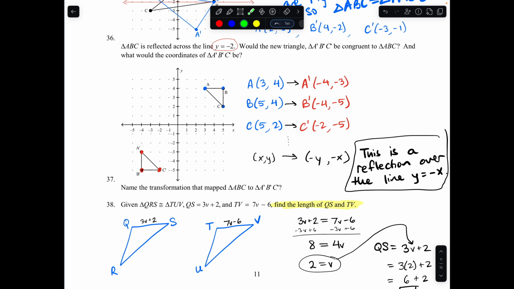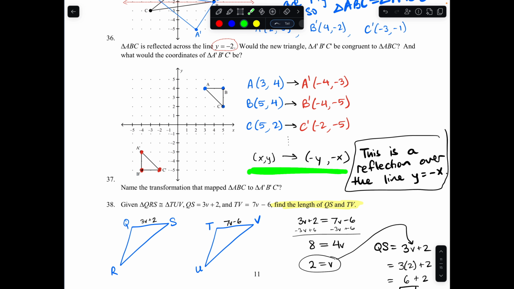And we have a similar pattern for the Y coordinate of the pre-image, or our starting Y coordinate, and our after-transformation X coordinates, right? 4 goes to -4, 4 goes to -4, 2 goes to -2. So we can generalize this and say that the point (x, y) is being sent to the point (-y, -x).